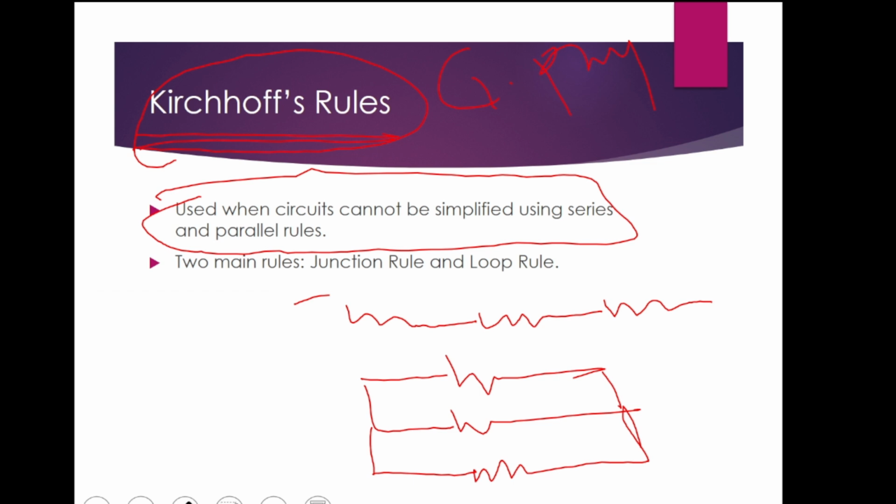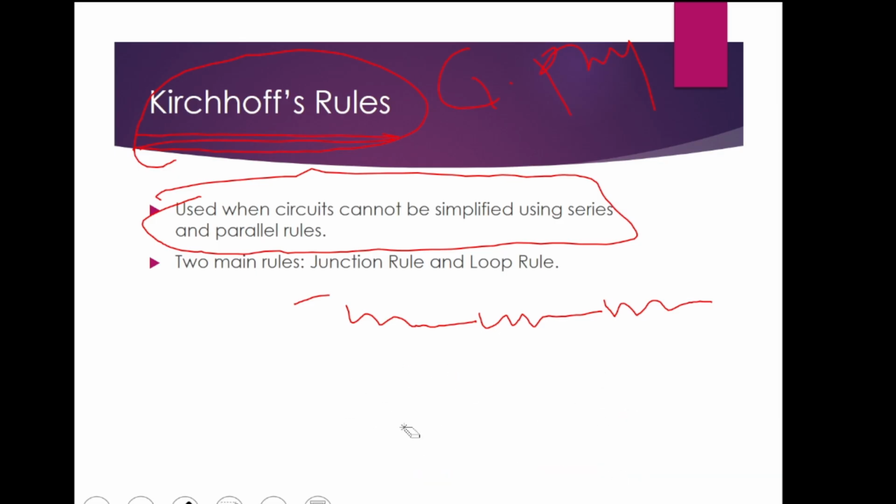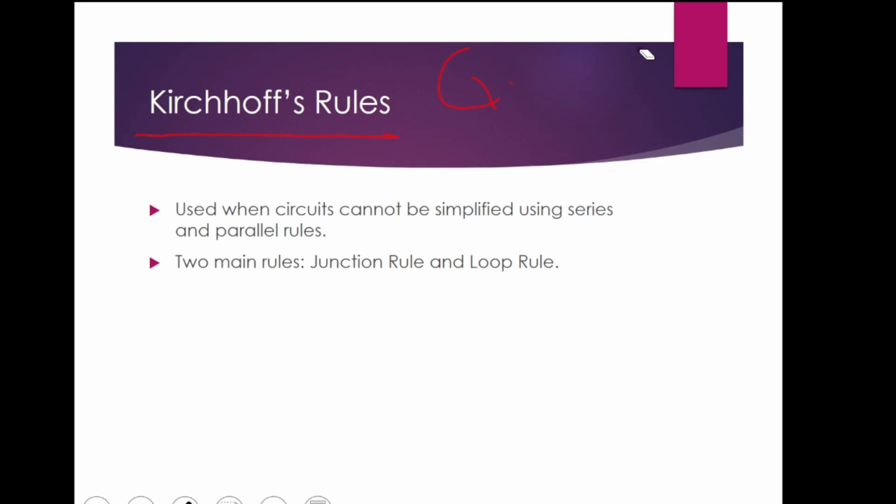But as a circuit becomes very complex, it is very difficult to find the equivalent resistance and the current flowing through each component of the circuit. So at those times we use Kirchhoff's rules.